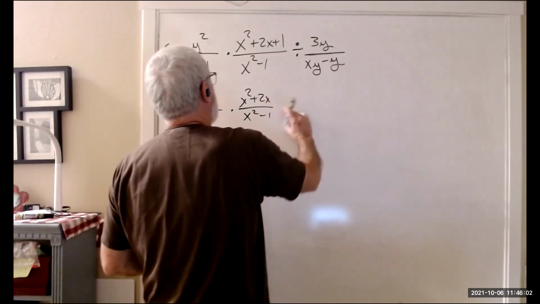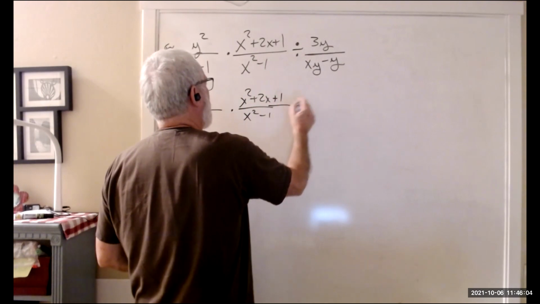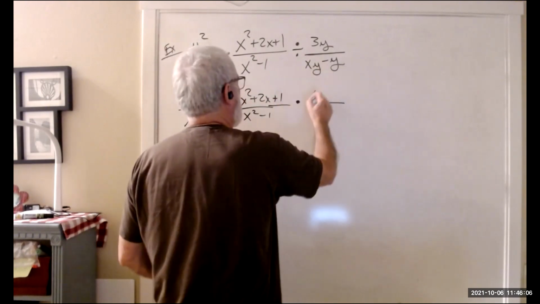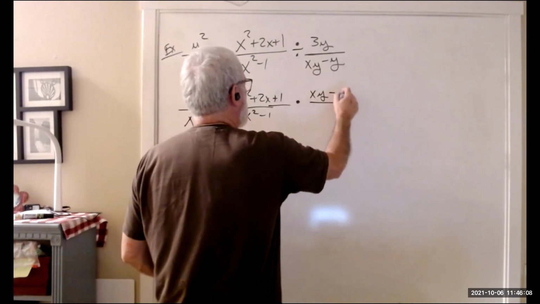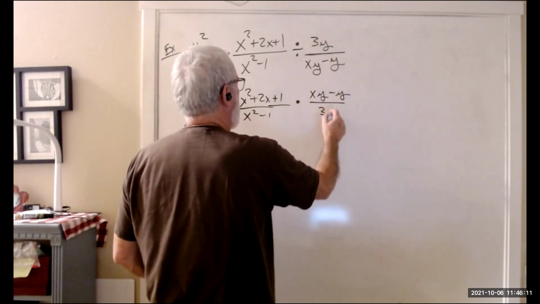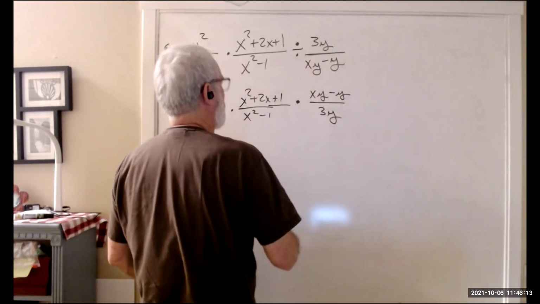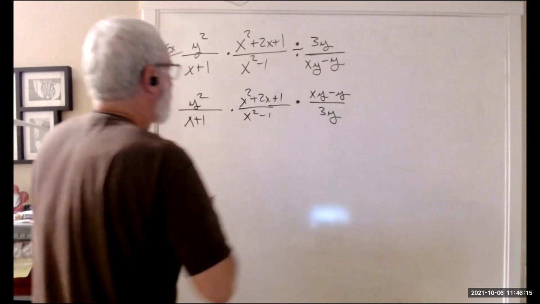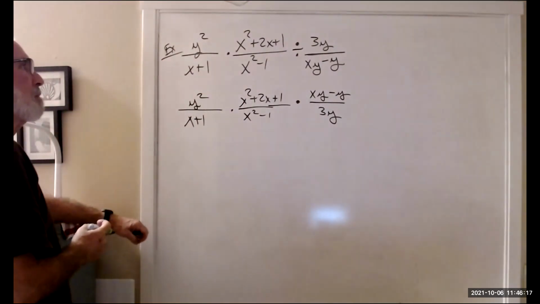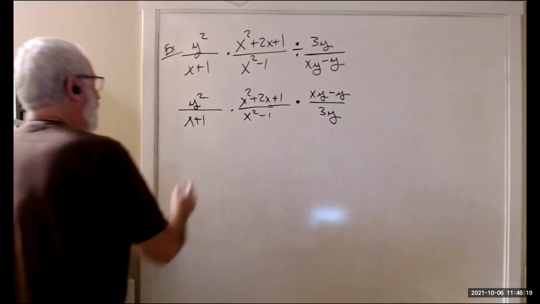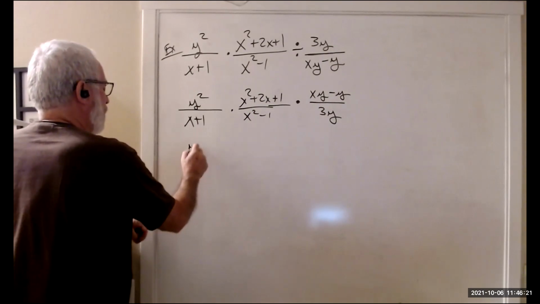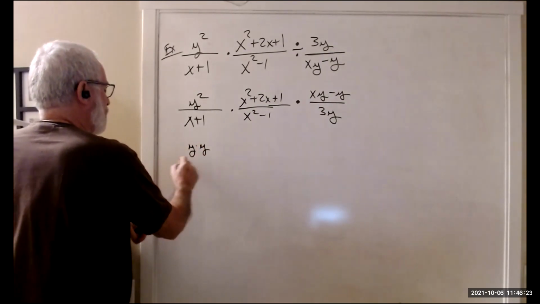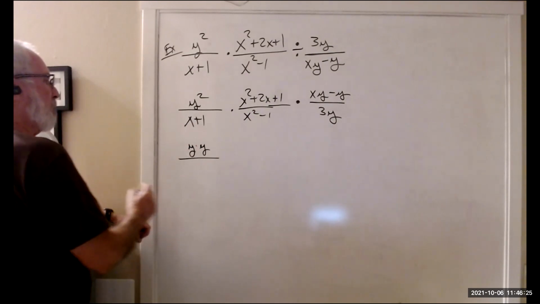But I do want to write neatly. Times, this is going to be xy minus y over 3y. Okay. Factor, like we talked before, y squared can be y times y. I'm not sure it helps me in this one, but we'll see.